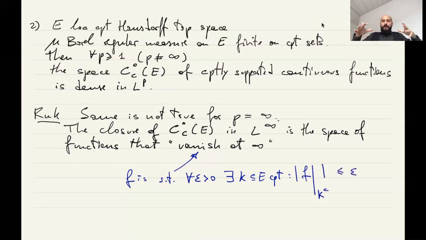So outside a compact set, they are arbitrarily small. So this is the closure. In particular, this is not everything.